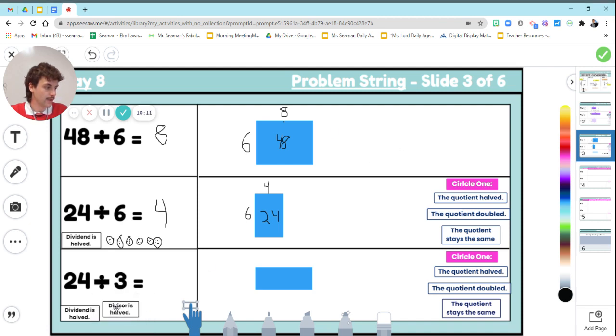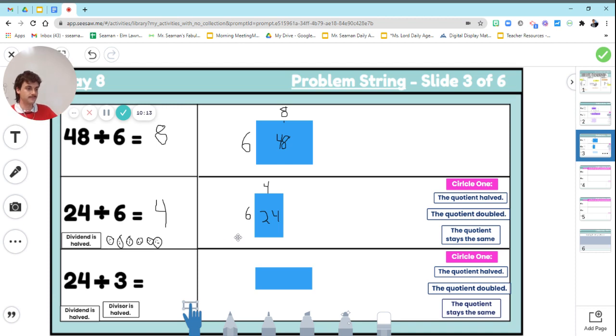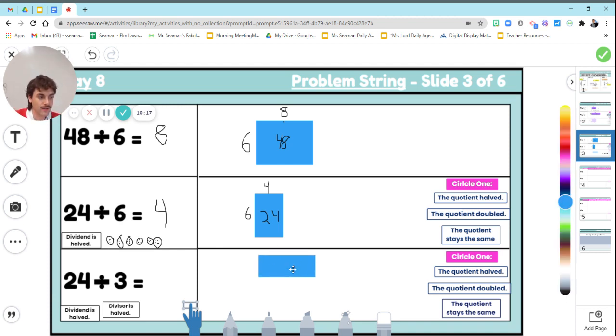Alrighty. So now that I have my divisor is halved, what I did was I created a rectangle that was half the size of 6. I don't know how long it's going to be, but I just estimated it's half the size of 6 here because I still want it to be the area of 24 units.